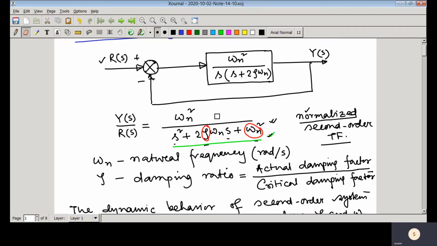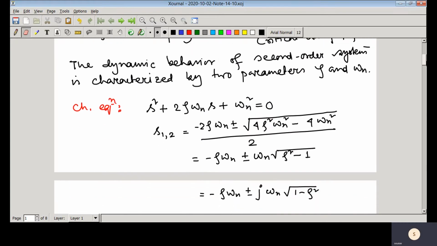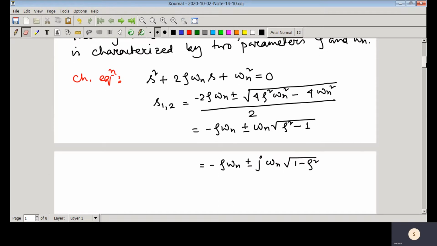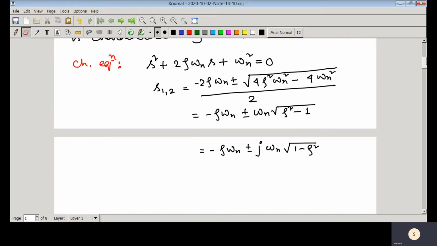And now we'll see that for this particular normalized second order transfer function model, we have two poles, and this particular term, this zeta omega n, is defined as sigma. So this is called that damping factor.